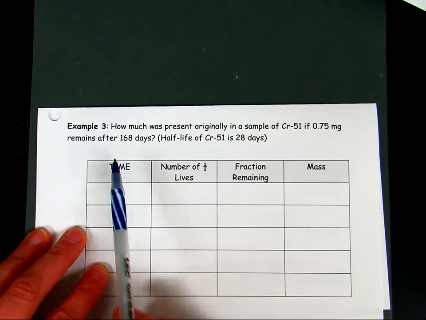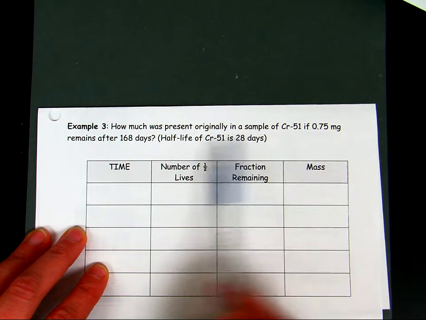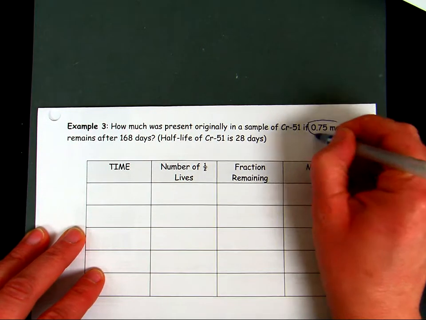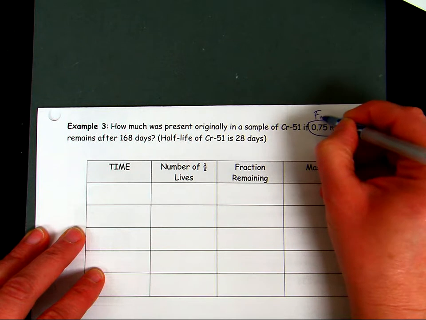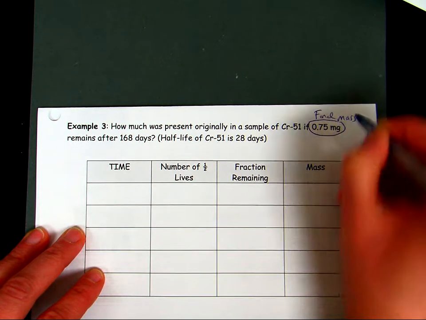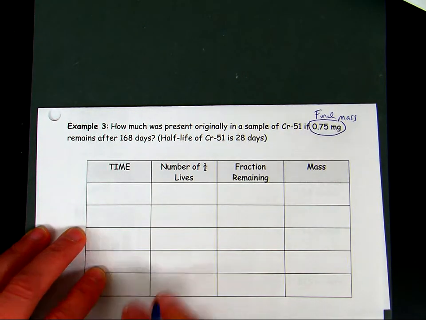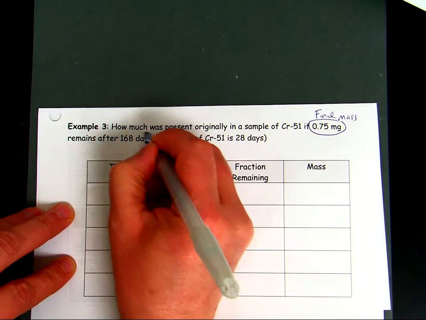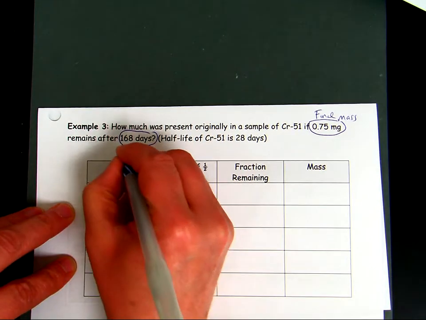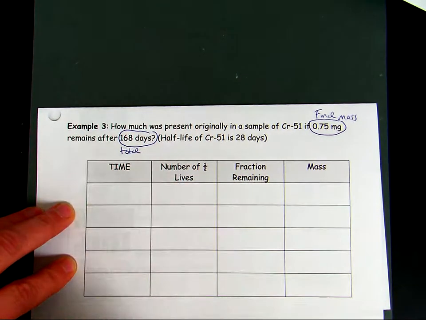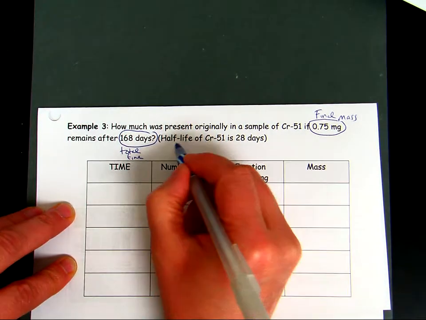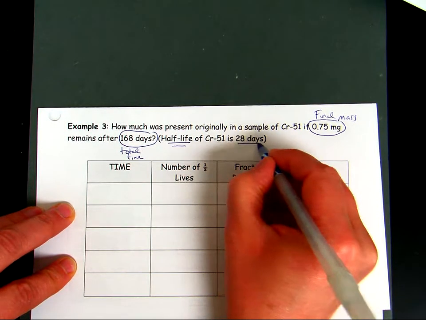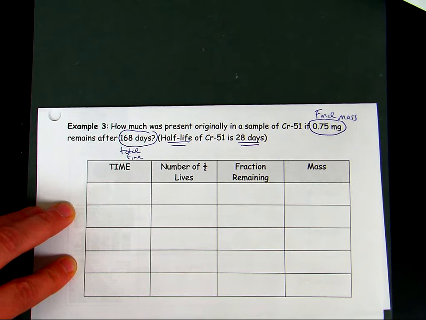If 0.75 milligrams remains, that means this represents our final mass, not our starting mass. It remains after 168 days, so that represents our total time that has passed, and we are provided a half-life rate of 28 days.